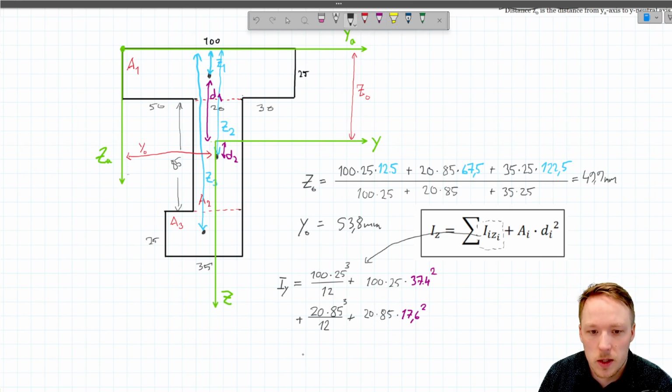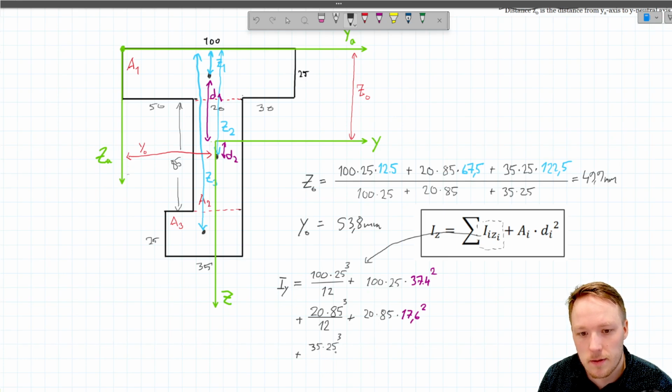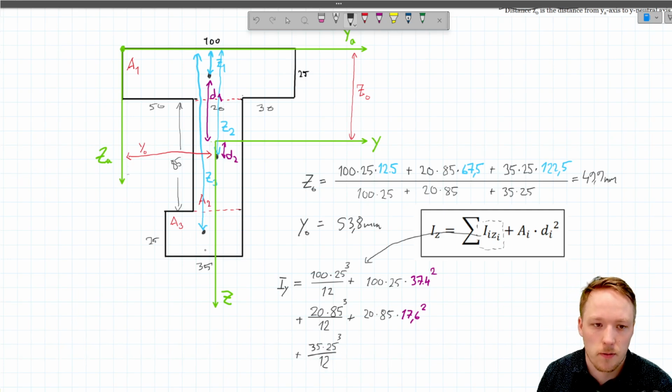And finally, we do the same thing for area number 3. The width is 35, height is 25, height to the power of 3 divided by 12. So this is the second moment of inertia for area number 3 around its own axis.